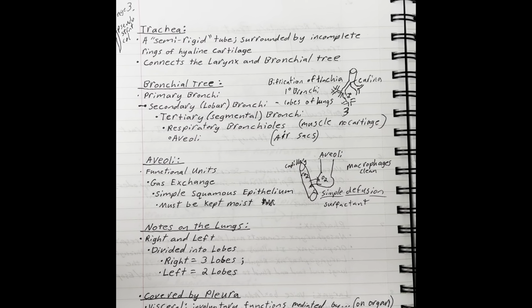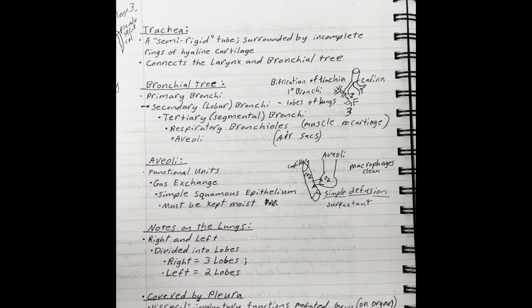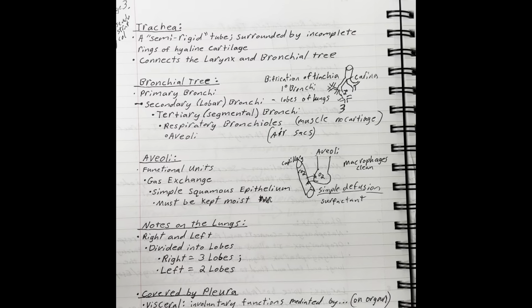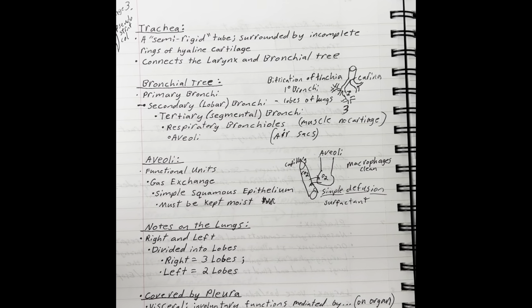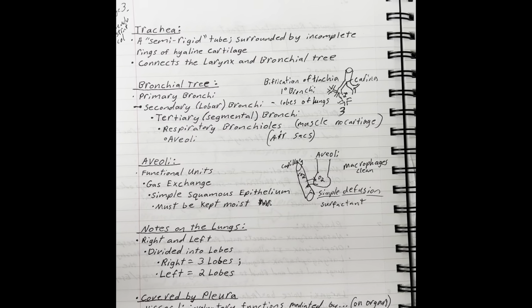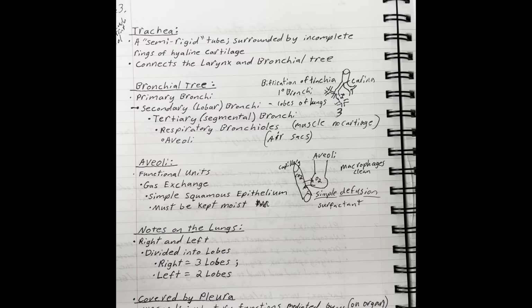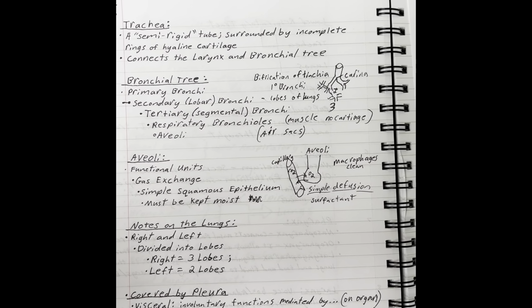Tertiary segmental bronchi is where it splits off three ways. Secondary lobar bronchi is where it splits off, and primary bronchi is where it splits off from the main bronchial stem.